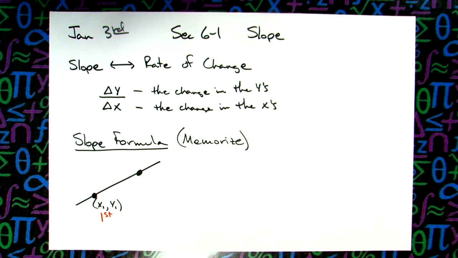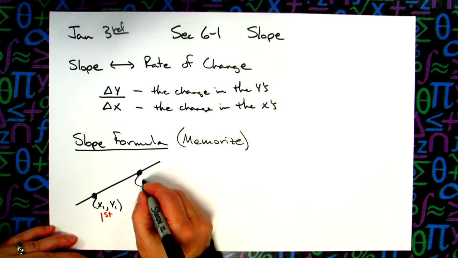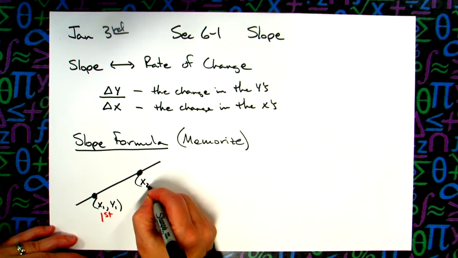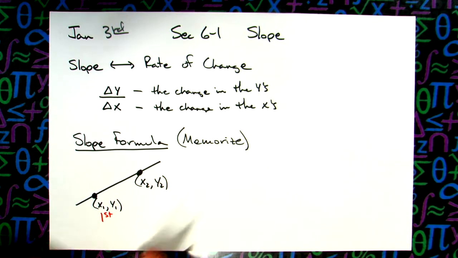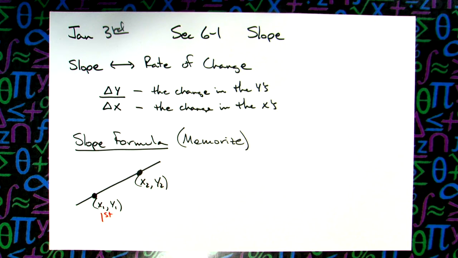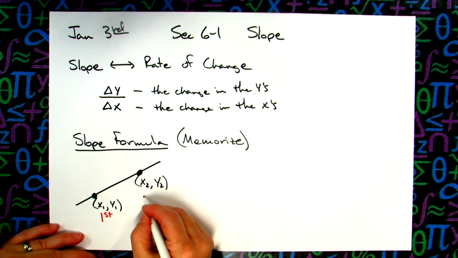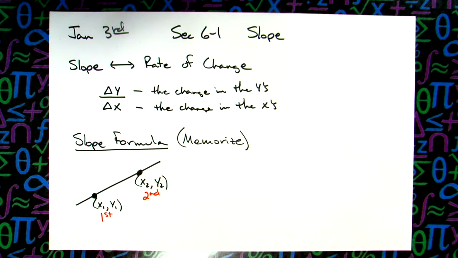Those little subscripts are just indicating that's the x coordinate for the first point and that's the y coordinate for the first point. And then the coordinates of this one would be, say, x sub 2, y sub 2. That's a second point on the line, and I'm denoting it with the x sub 2 and the y sub 2.